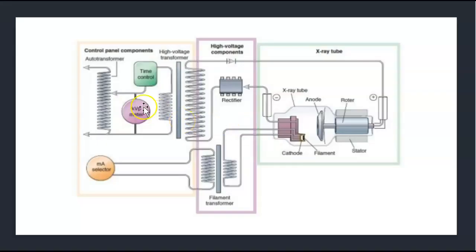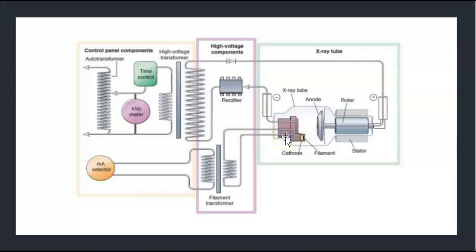There's a different picture, so be able to label all these. You have the incoming line current, so we've got our auto transformer, our kVp meter, our timing control, our step-up transformer, a rectifier, so our mA meter and rectifiers are in here. They always leave the mA meter out. So we have our mA selector, and our step down, and it goes to the cathode.